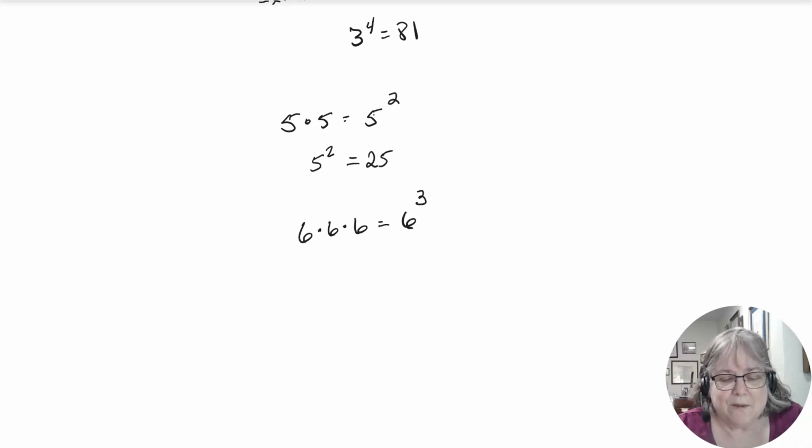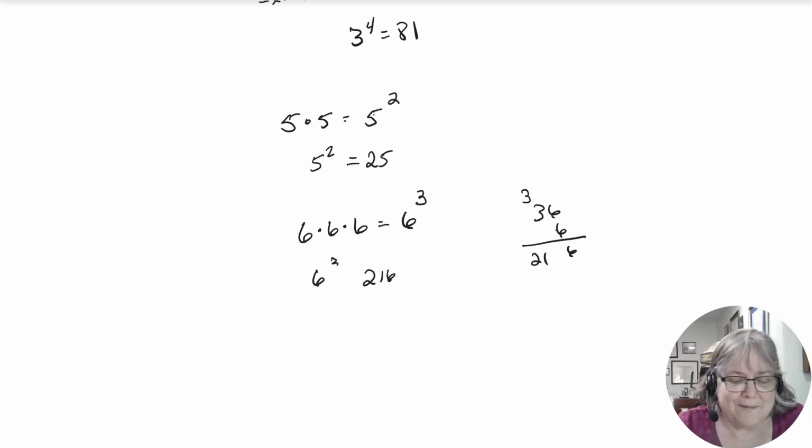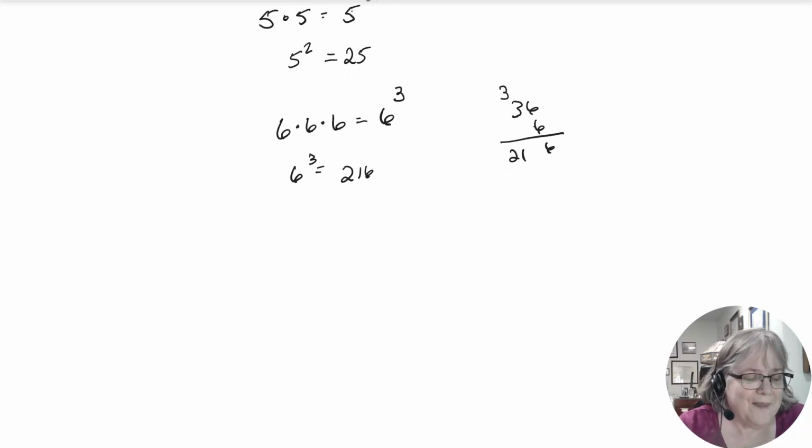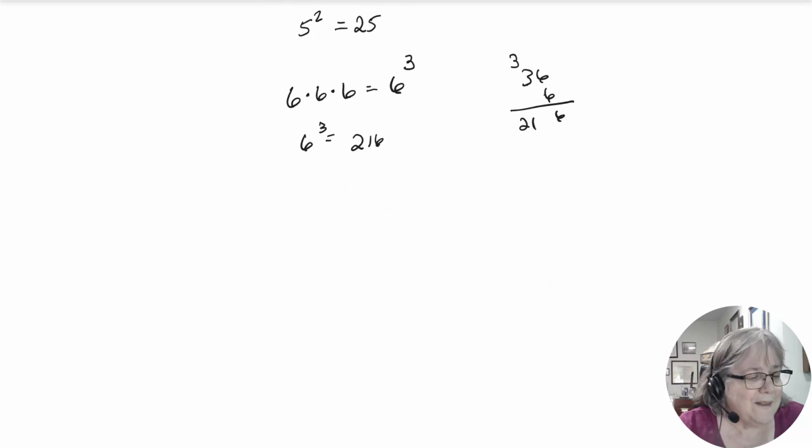So they would say this was 6 to the third power, or 6 cubed, like cubic inches in your refrigerator. Okay, so 6 times 6 is 36, times 6 is, I think, 216. Okay, 36 times 6, 3, 18, 3, yeah, 216. I was right. Okay, if you ever forget one, you just do it out longhand.